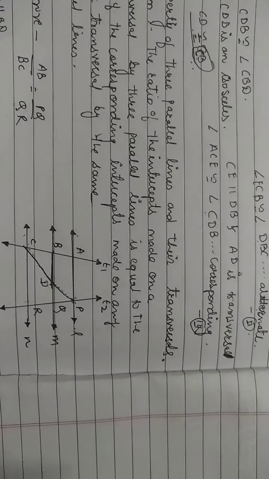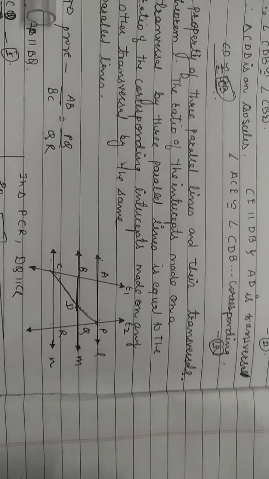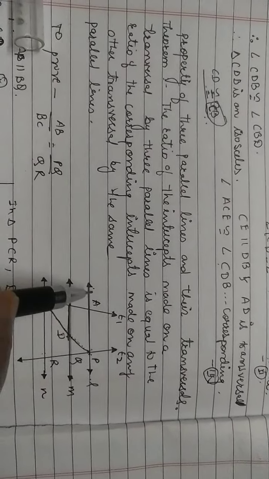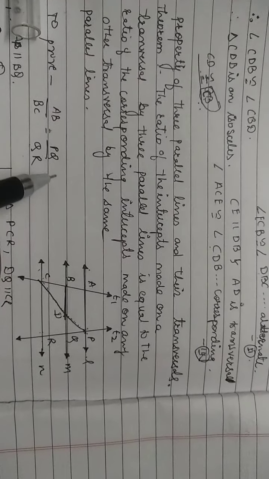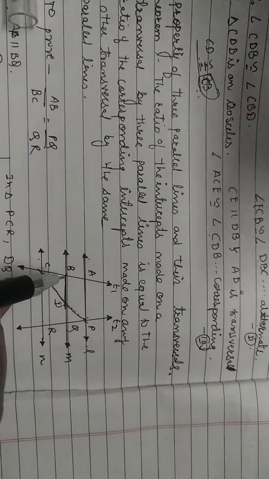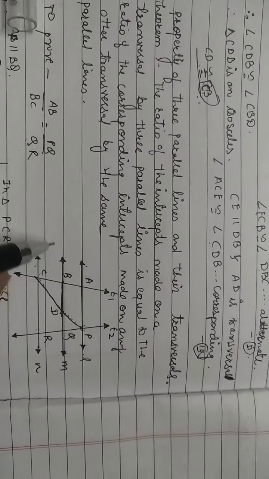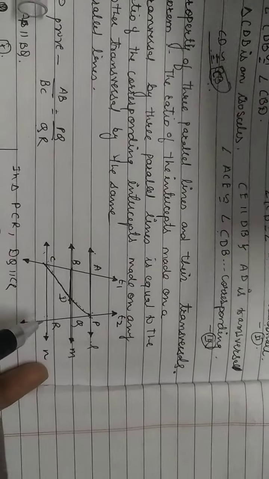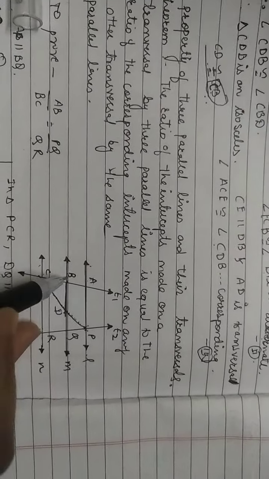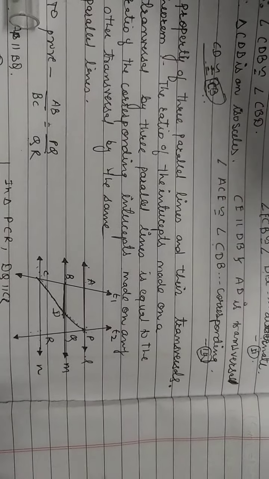Now just understand the concept and keep this in mind: if three parallel lines and two transversals are given, the intercepts made on one transversal are in the same ratio as the intercepts made on the other transversal, that is, AB upon BC equals PQ upon QR.